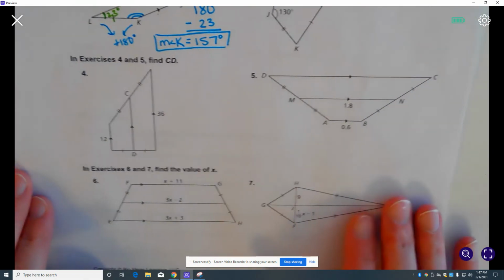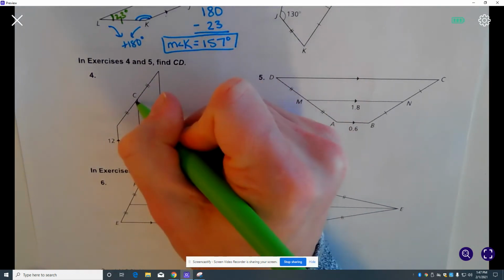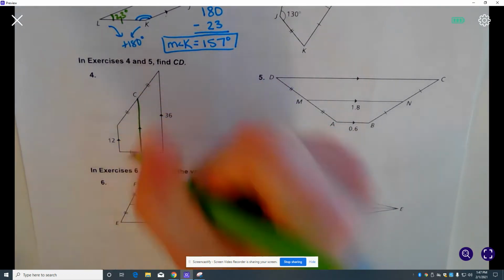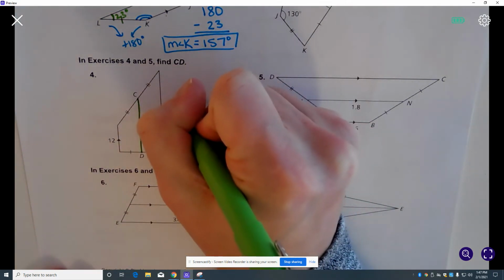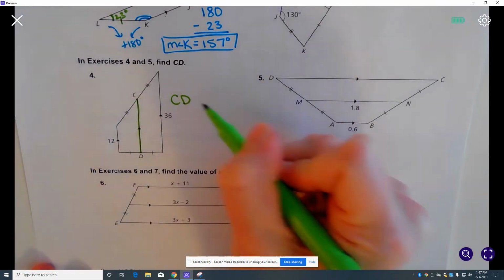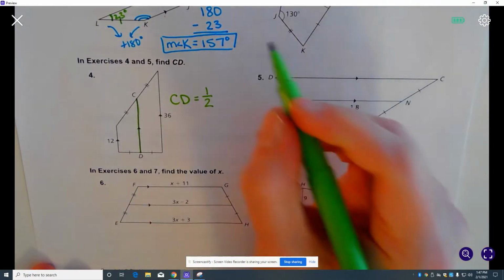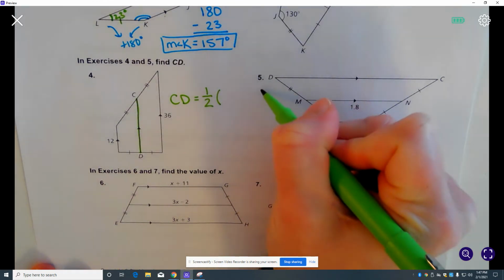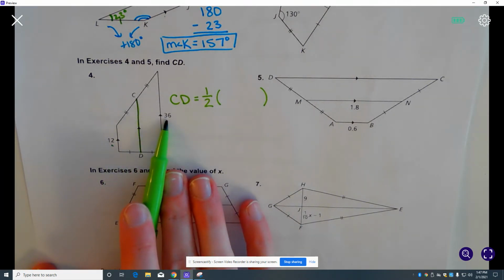So in number 4, we need to find the length of CD. And in number 4, the length of CD is our mid-segment. So let's use our mid-segment formula. Our mid-segment, in this case, the length of CD, will be equal to 1/2 the sum of the bases. Well, the length of this base is 12, and the length of this base is 36.